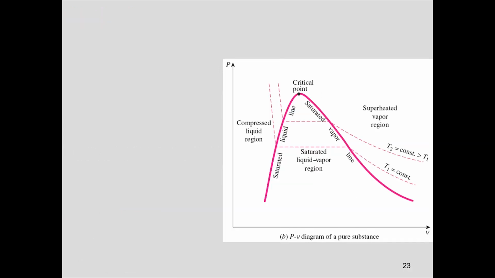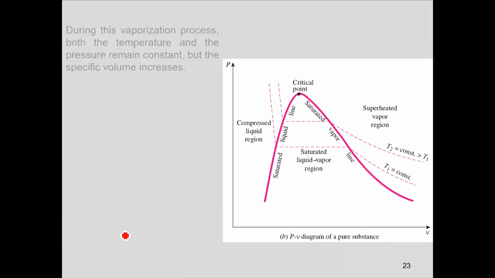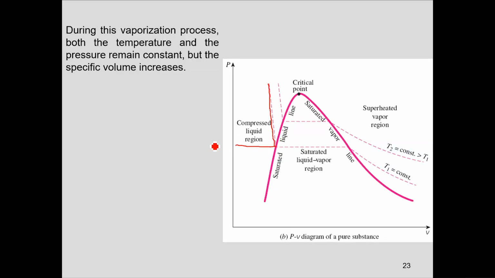And if you see, this is the behavior: when you are decreasing the pressure, the specific volume continues to increase until you reach the saturation pressure. You continue decreasing the pressure until it reaches P saturation for T1.